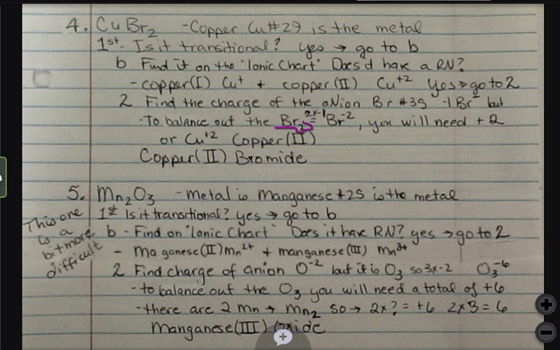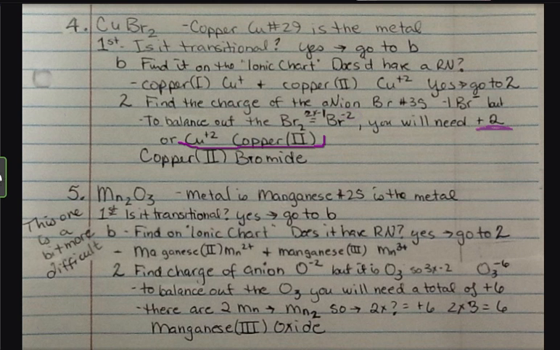So bromine is a -1 charge, so if we have 2 bromine, then our overall charge for our bromine will be -2. That means we're going to need a +2 for our copper. So therefore we would use copper 2.